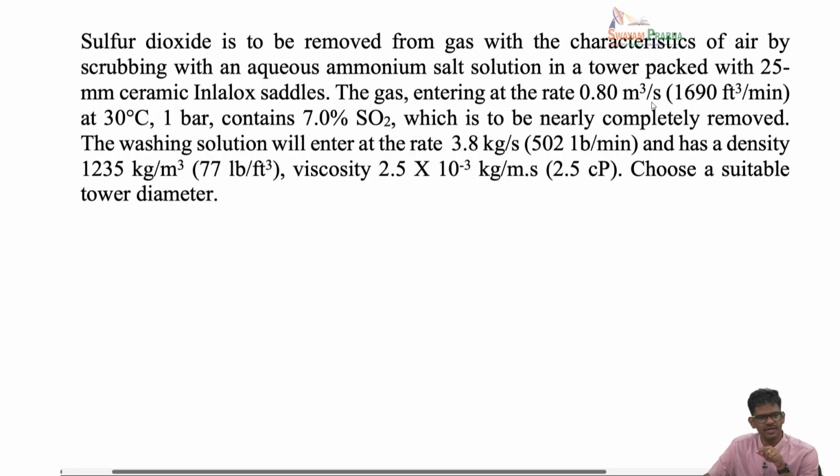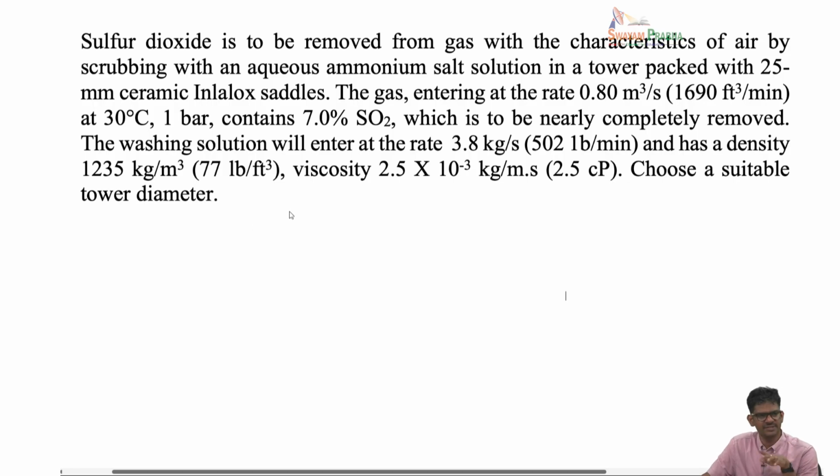The gas flow rate is given in the volumetric scale, and the corresponding temperature and pressure are given. The gas contains 7% of SO2, which is to be nearly completely removed. The washing solution will enter at a flow rate of 3.8 kg per second. So the liquid mass flow rate is given, and density and viscosity are also given. Choose a suitable tower diameter.